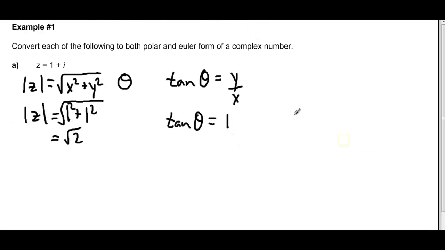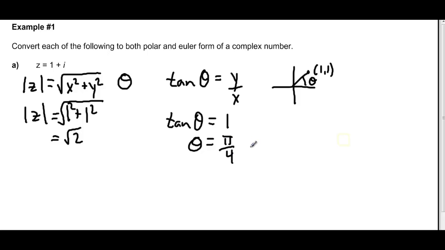Now if we were to graph 1 plus i, it's actually in the first quadrant, right there at (1, 1). So we're talking about the first quadrant, and this is theta. We know by our special triangles that theta would be 45 degrees, or pi over 4.